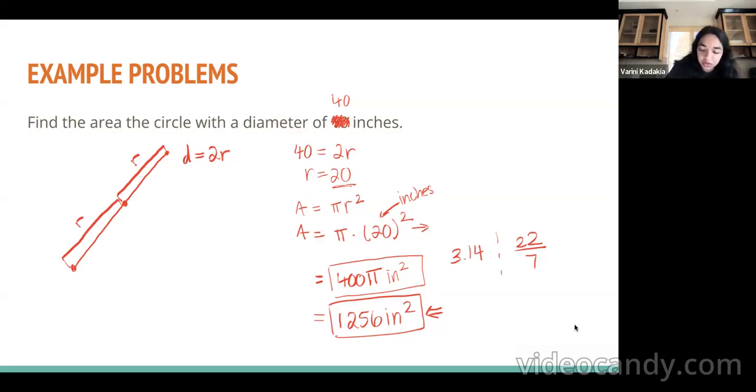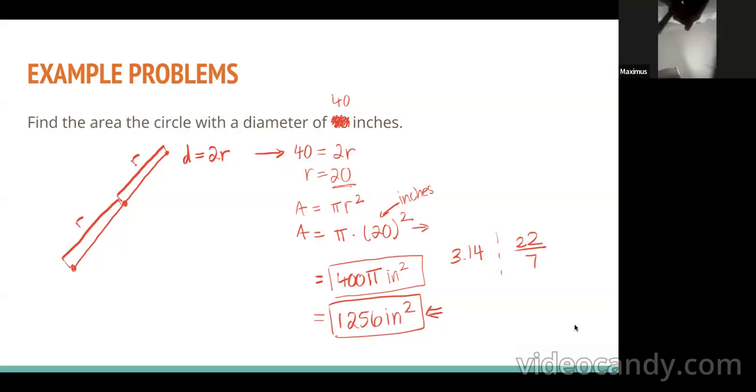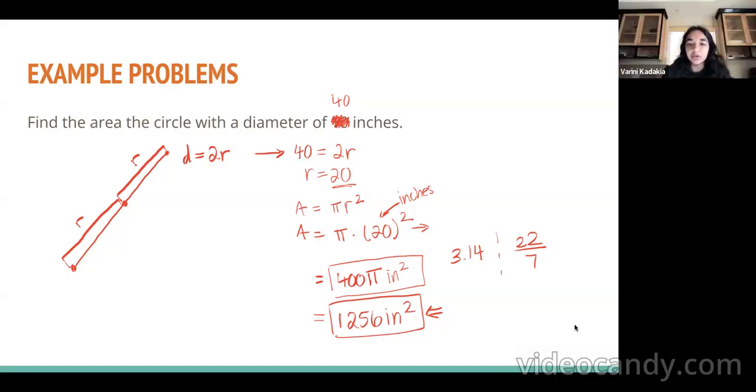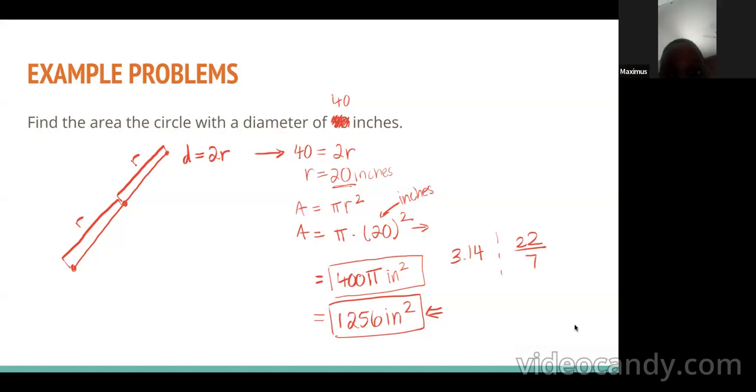We get 40, our diameter, equals 2 times the radius. Then we solve for the radius because that's what we need for our formula, and we get our radius equals 20 inches, because 40 divided by 2 is 20 inches. Does that make sense?